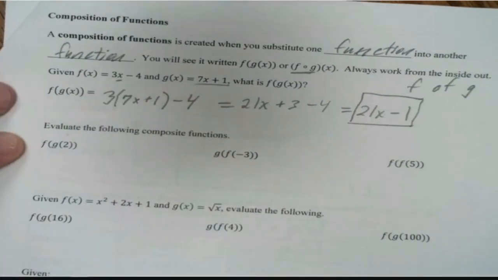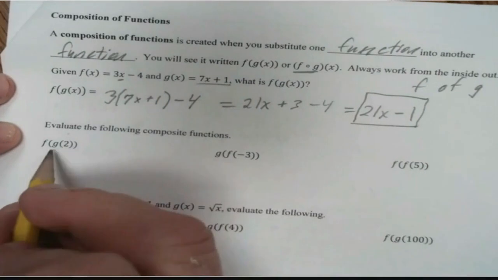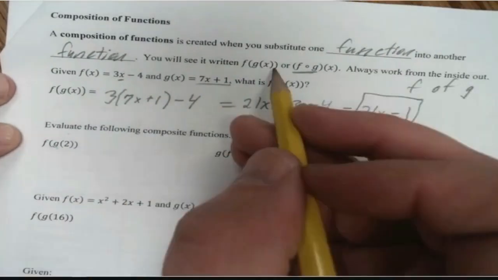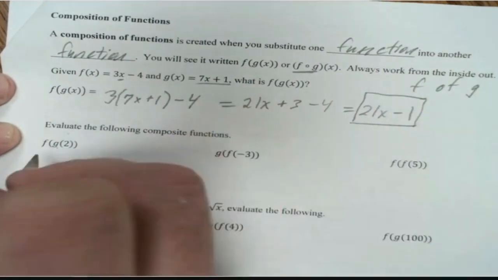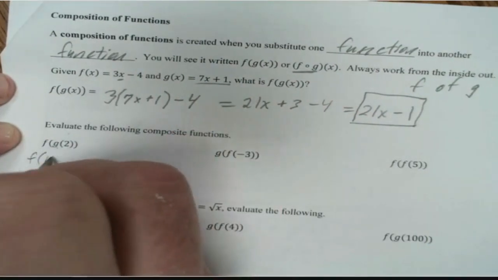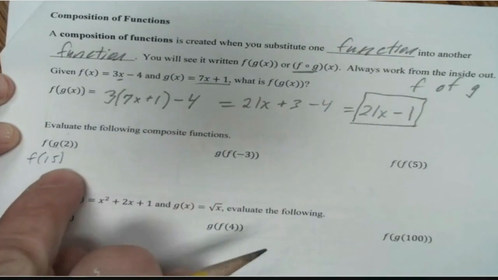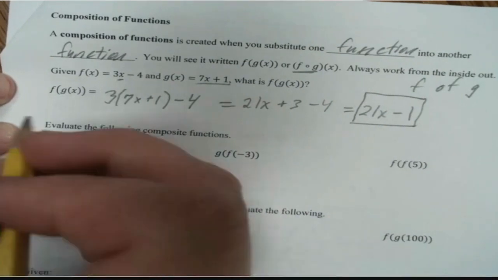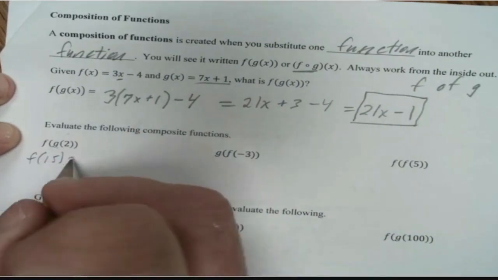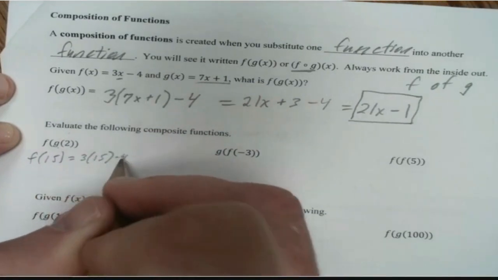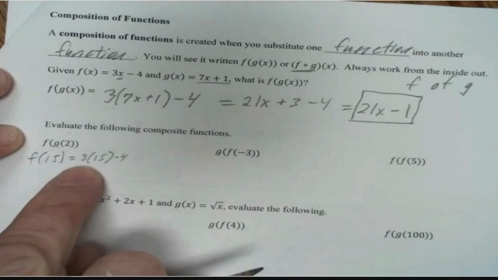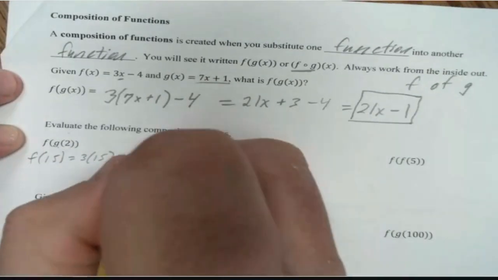It will come up with the same either way. So let's look. If we did it, g of 2 is 7 times 2 plus 1. So that would be f of 15, because g of 2 equals 15. And so f of 15 would be 3 times 15 minus 4. So that's 45 minus 4, which is 41.